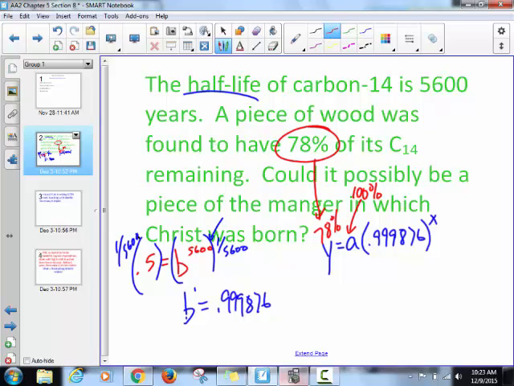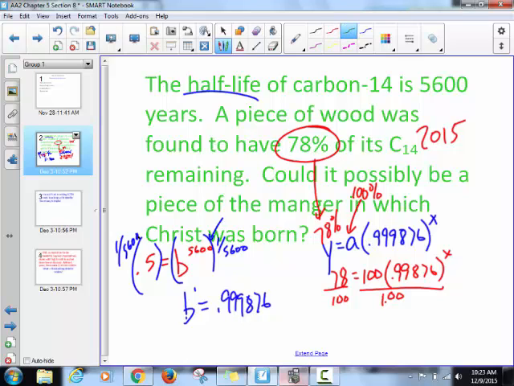So now in the year 2015, it's got 78% left. So I got to plug in 78 for new, 100 for a, and 0.999876, whatever that happens to be, to the x. Well, I divide over that 100. It wouldn't really matter what numbers you would use as long as this number is 78% of that number. But in this case, I get 0.78 equals this guy.